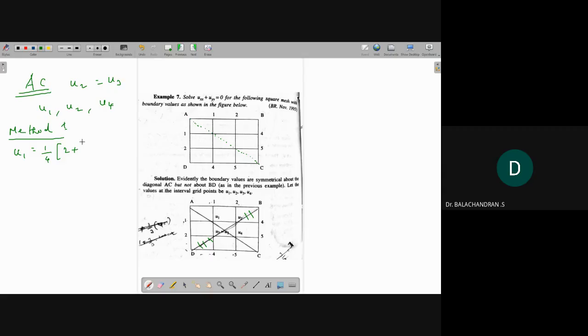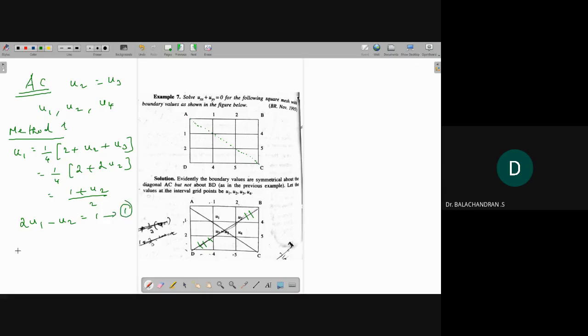They are equal, because of the line of symmetry. I'll write U2 plus U3, but both of them are the same. So 2U2. So if you cancel, 1 plus U2 divided by 2, so 2U1 minus U2 equal to 1. This is equation number 1.